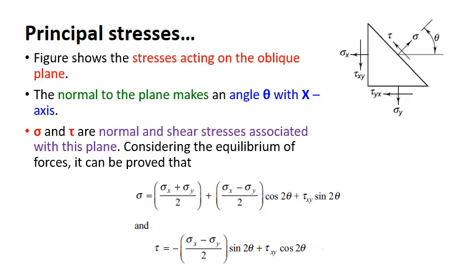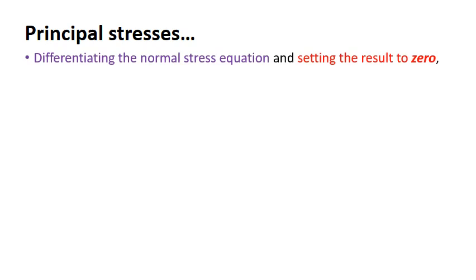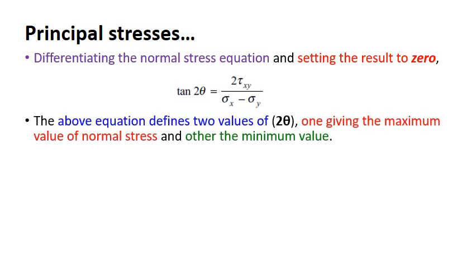What are we interested in? We are interested in finding the net effect, the maximum value of the normal stress and shear stress. Next, what we do is differentiate the normal stress equation and set the result equal to 0. So you will land with this equation: tan of 2 theta is equal to 2 tau xy divided by sigma x minus sigma y. This will give two values of 2 theta, right?